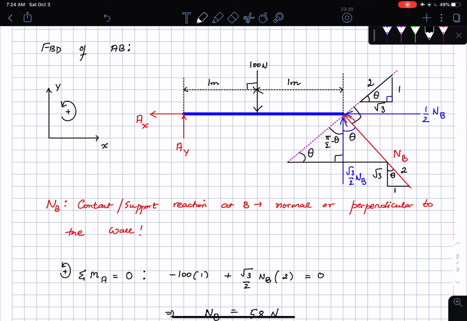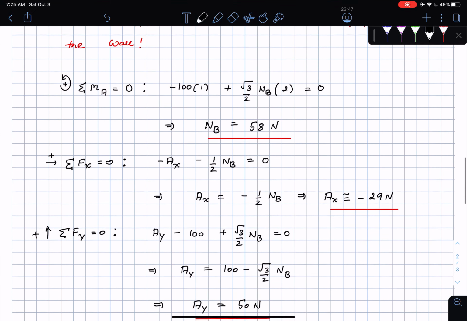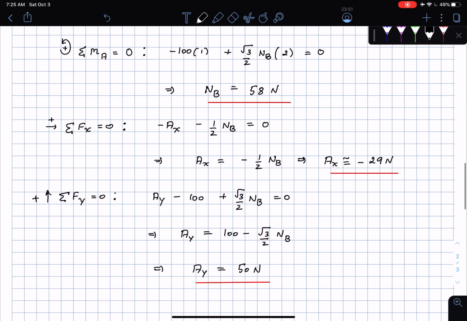NB, I know by the motion of the bar that the bar cannot move into the wall, which means that there is something resisting that motion, which means NB has to be pointing in the direction drawn. Then it's all about taking moments about the point A, and then I sum forces, and then I get all my unknown support reactions.